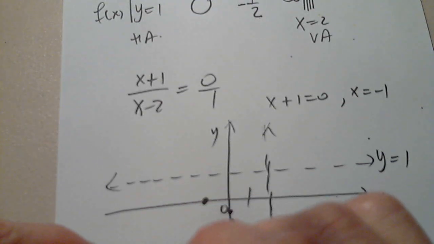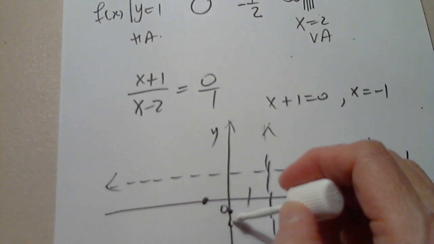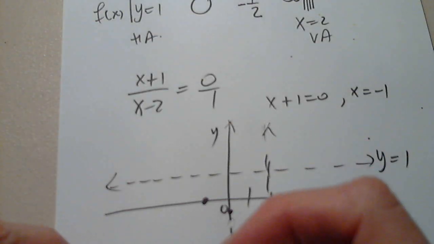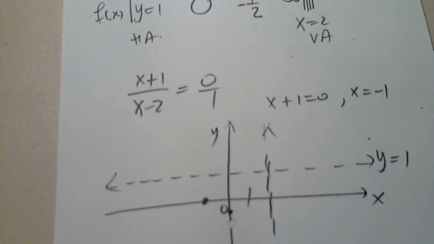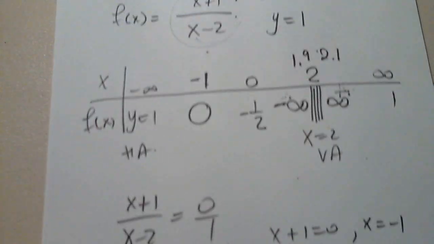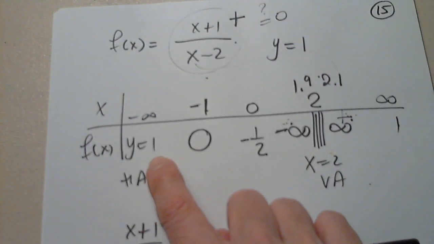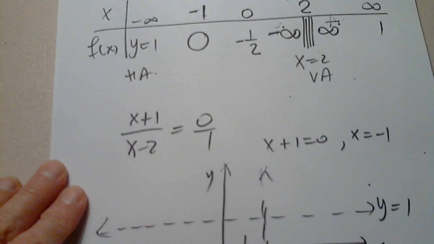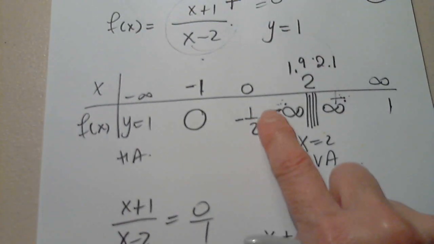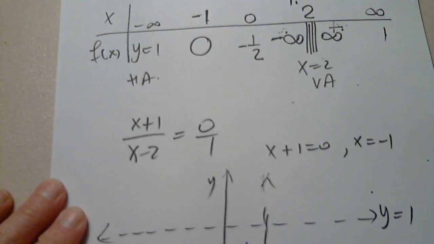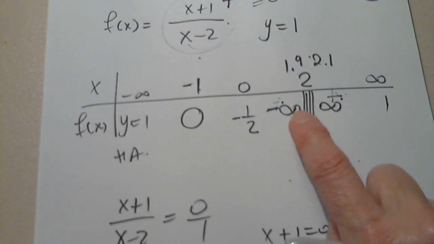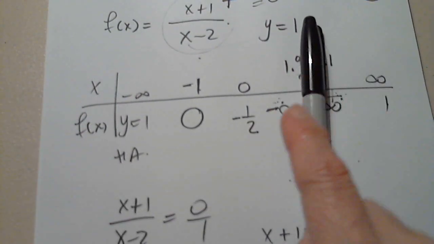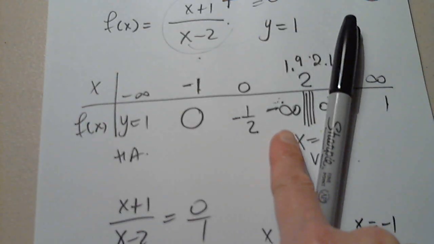And now after I plot those points, all I have to do is follow the table. So from approaching 1, crossing the x-axis at negative 1, 0, crossing the y-axis at 0, negative 1 half, and getting closer and closer to the vertical asymptote, dropping to negative infinity.